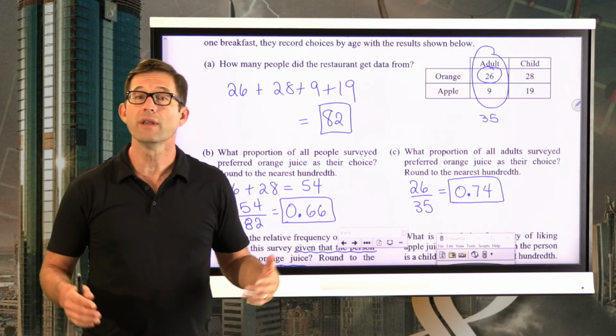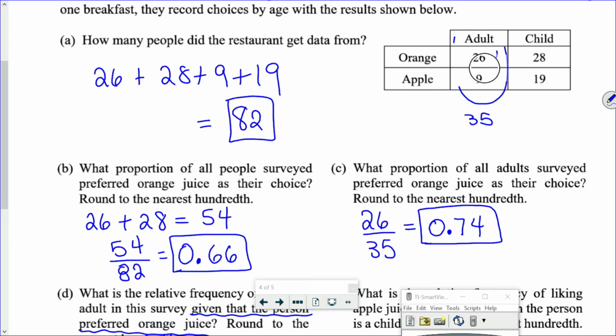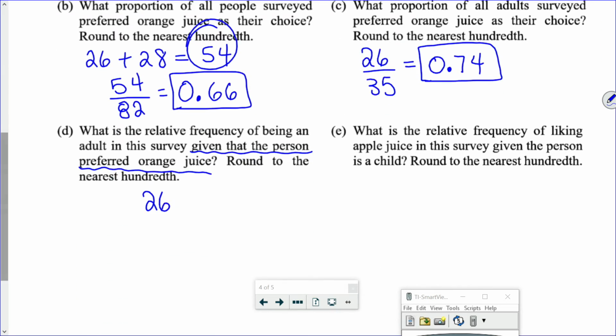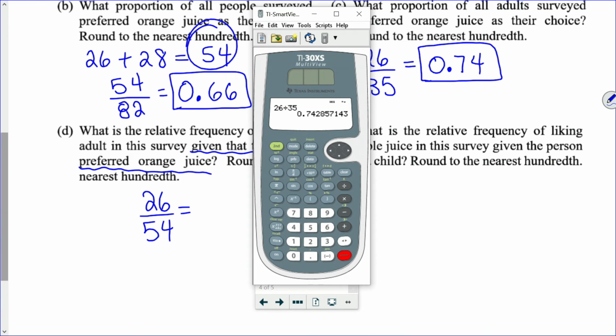All right, well first we need to know the total number of people that preferred orange juice. Now we care just about these people. That means, and we did that sum already, we've got 54 people that we're concerned with, and we want to look at those 26 people, right? So 26 out of 54, right? 26 of the people who preferred orange juice out of the 54 were adults.